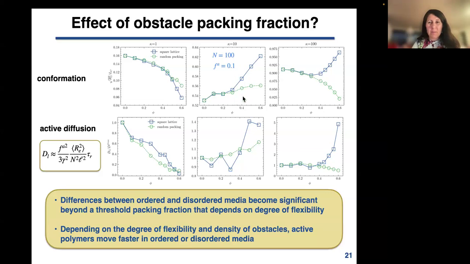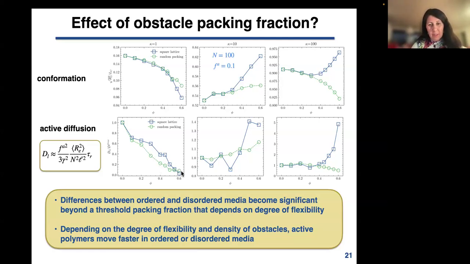But you see differences when you make them a bit higher stiffness, like 10, you can see that the behavior can change because here the square lattice had a smaller conformation, but here it has a more extended conformation, the same at a higher stiffness. And if you look at the active diffusion, you can see that random packing, as you go to higher and higher packing fractions, has a lower diffusion for fully flexible.